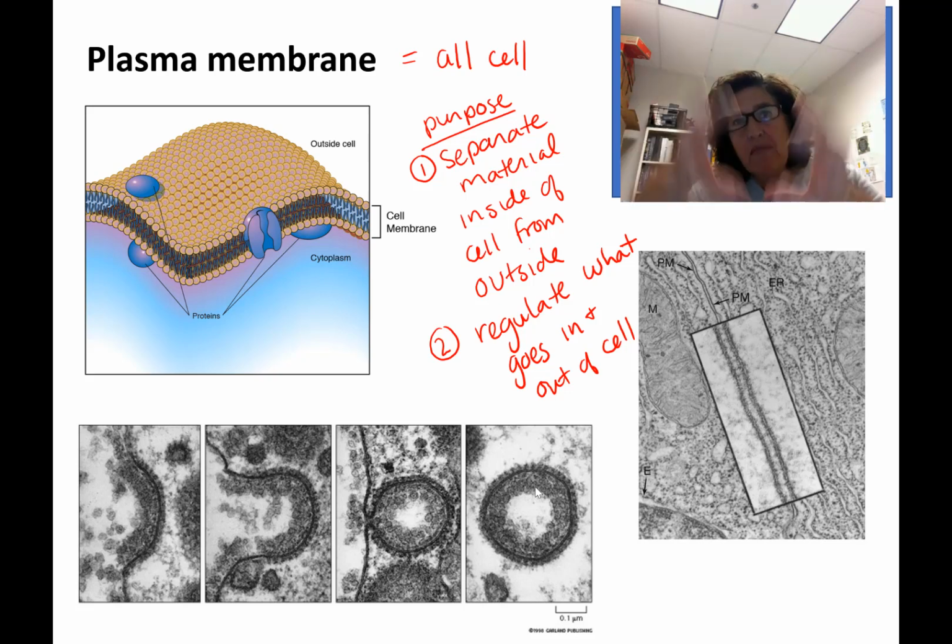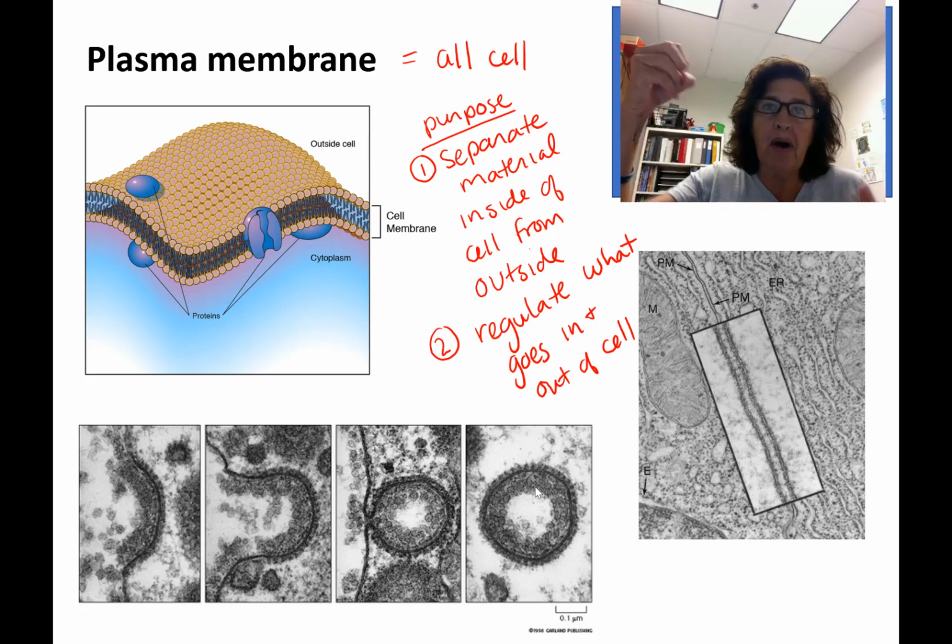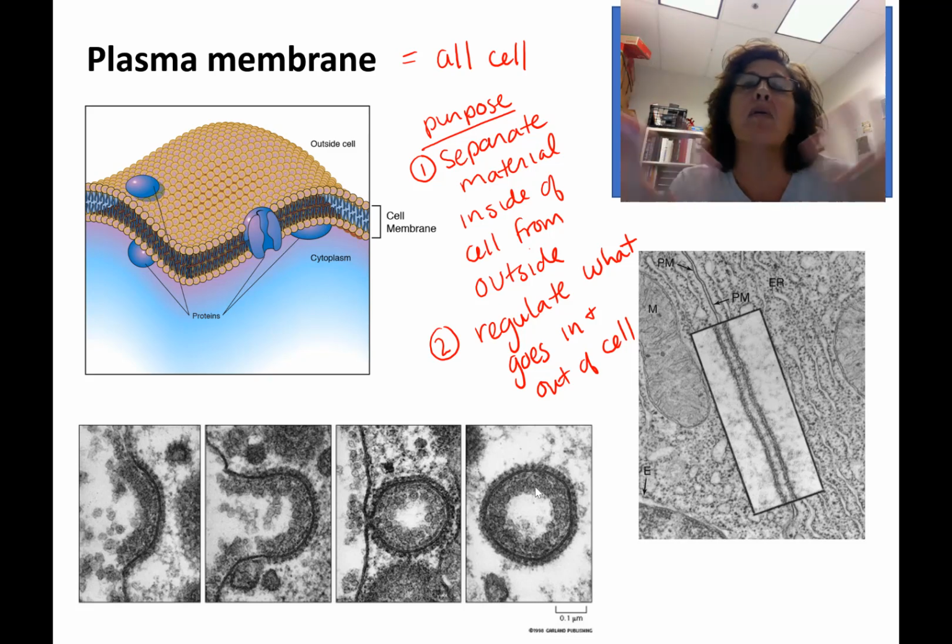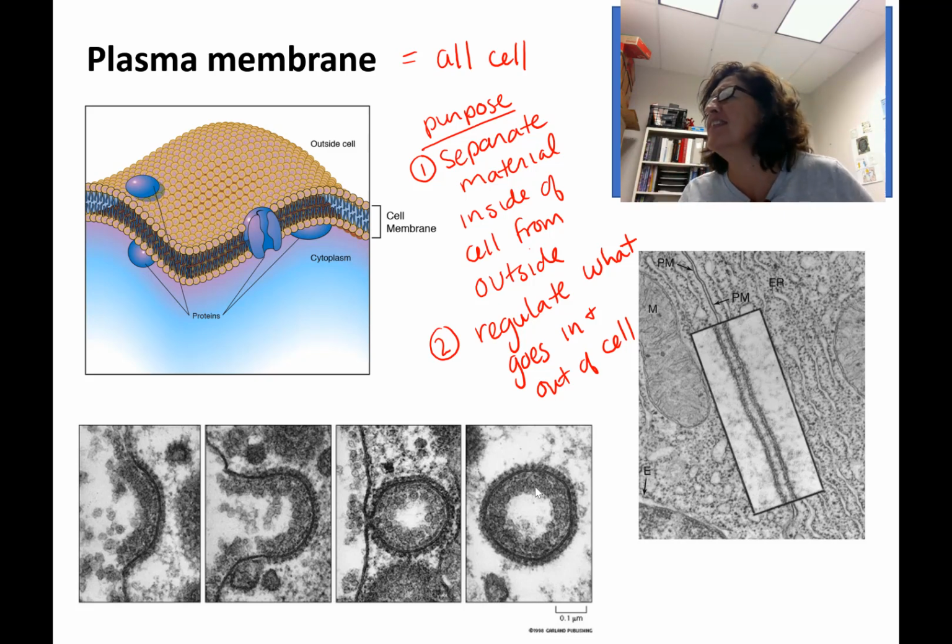You make up your bread dough and you can pull a glob off and you can smush it back in, or maybe Play-Doh if you're not a baker. I actually don't bake, but I play around with bread dough sometimes, I guess. So they're all made of the same thing, so you can actually pinch off membranes like shown at the bottom here, and they can actually fuse back on also.